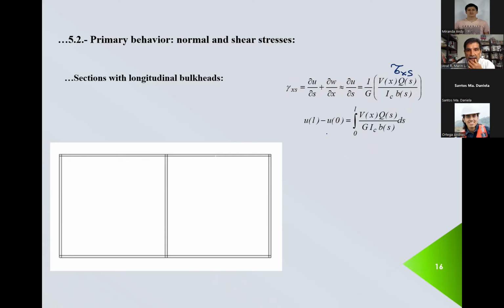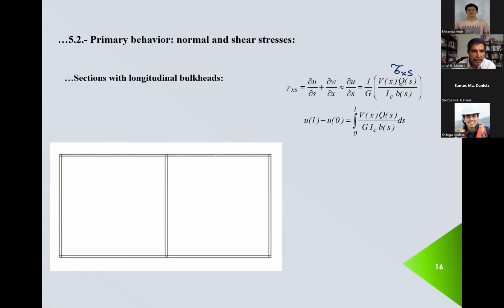Now, if we integrate this, we could start at a certain point, 0, and then integrate until another point located at position L, and the result is just the integral of this expression.